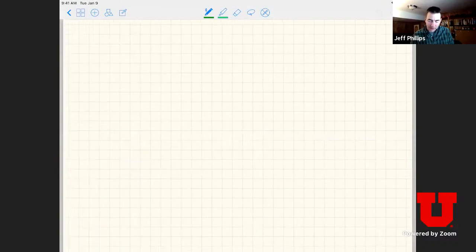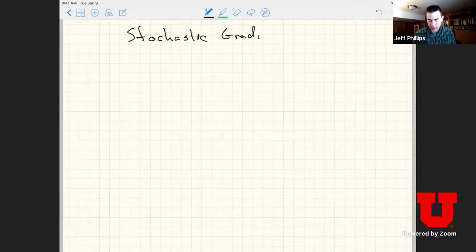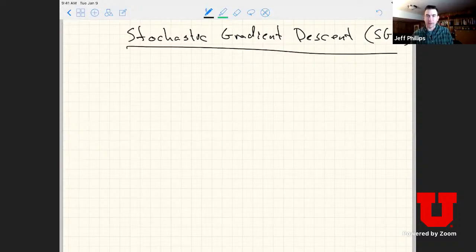What's typically analyzed and how this is typically referred to is called stochastic gradient descent. When people refer to this, they usually call it stochastic gradient descent instead. This is actually a slightly different algorithm, and it basically adds some randomness into this. And this one you can actually analyze.